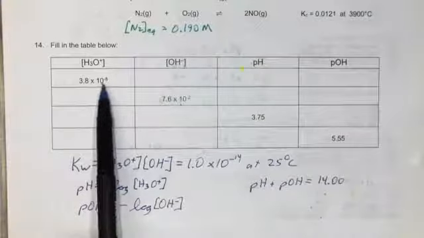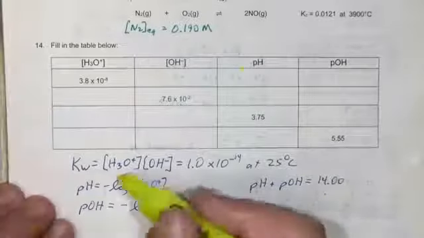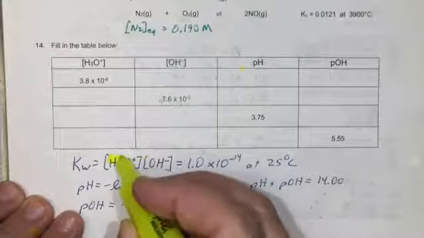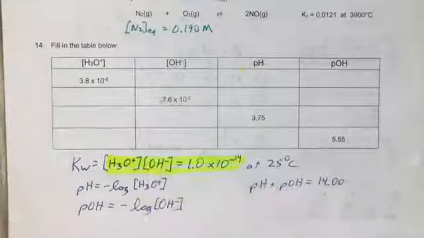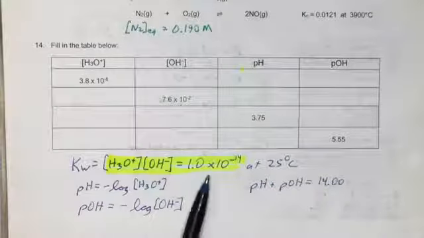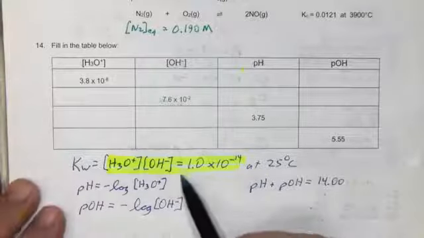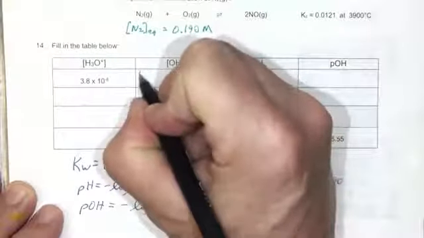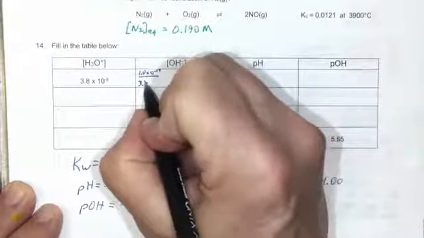If the concentration of hydronium is 3.8 times 10 to the negative 8, then we're going to use this relationship here, which is that whenever you multiply the concentration of hydronium times the concentration of hydroxide, you always get 1 times 10 to the negative 14. So the concentration of hydroxide is going to be 1 times 10 to the negative 14 divided by the hydronium ion concentration, 3.8 times 10 to the negative 8.